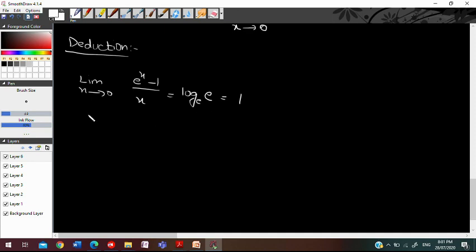Now the proof. As we know, limit x approaches to 0, (a power x minus 1) divided by x is equal to log of a.